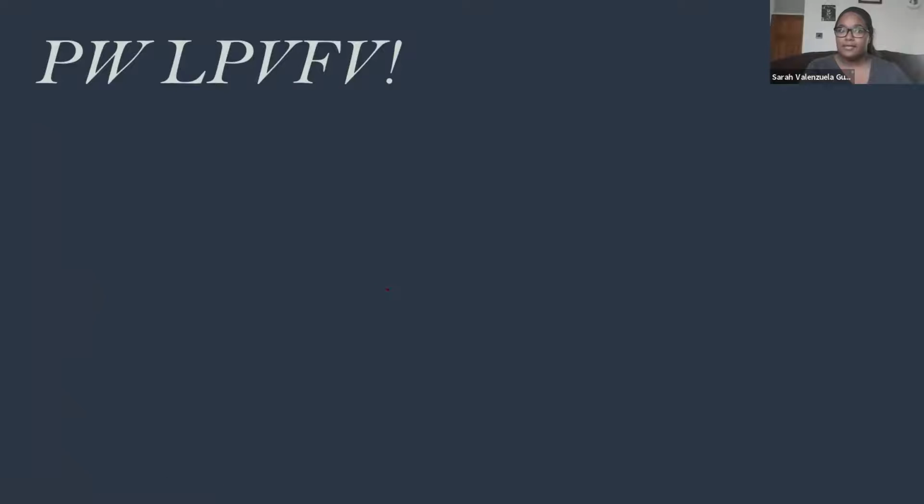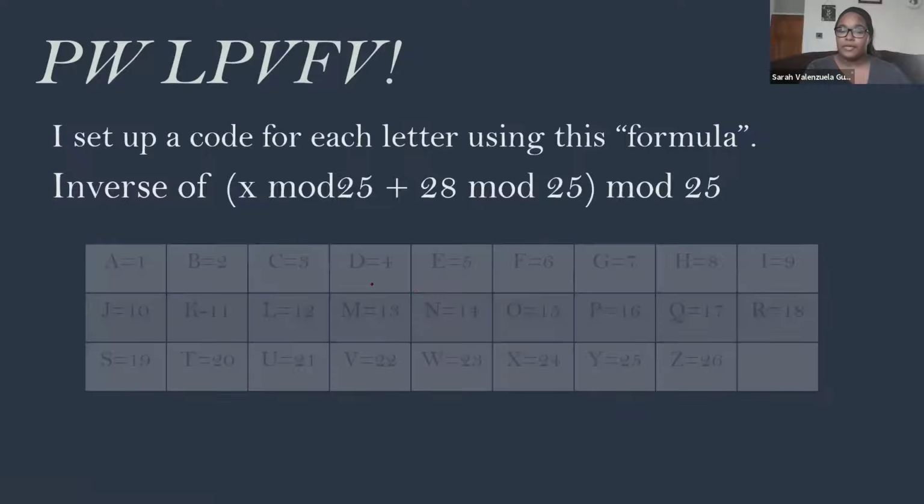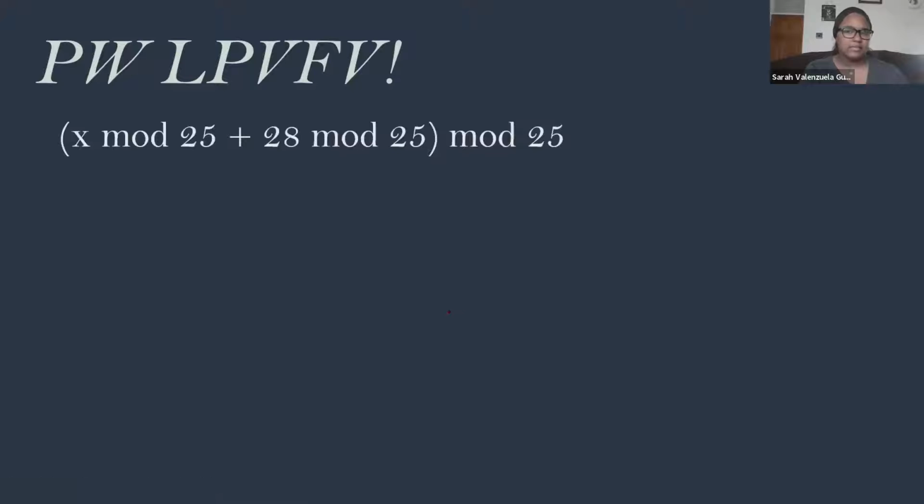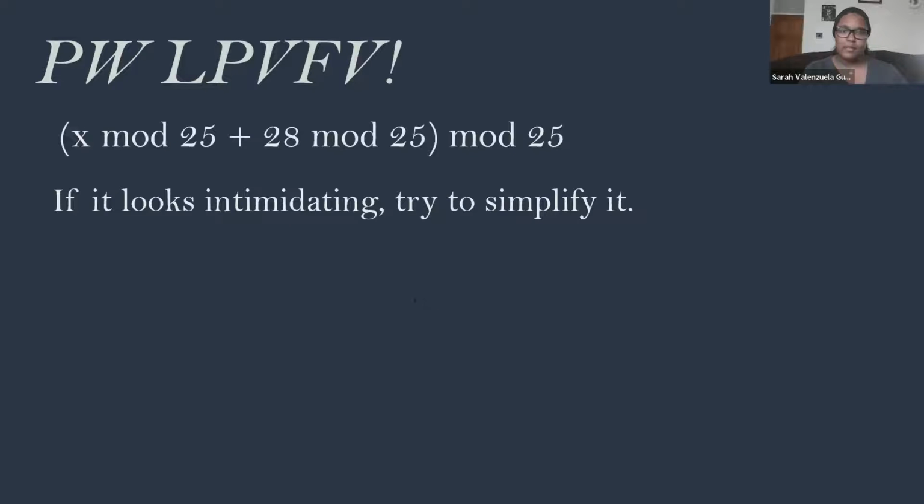So let's get going. Remember the formula and remember our table. First, this formula looks a little bit scary, doesn't it? So let's use the properties of modular arithmetic to simplify.